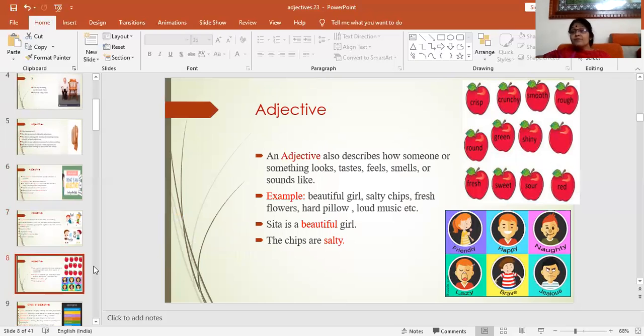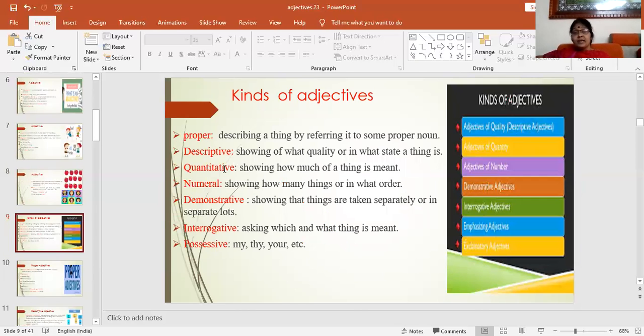So now that we have understood what an adjective is, let us understand what are the different kinds of adjectives. There are different kinds of adjectives, and they are proper adjectives. Proper adjectives are describing a thing by referring it to some proper noun, right? And then we have descriptive adjectives, showing what quality or in what state a thing is.